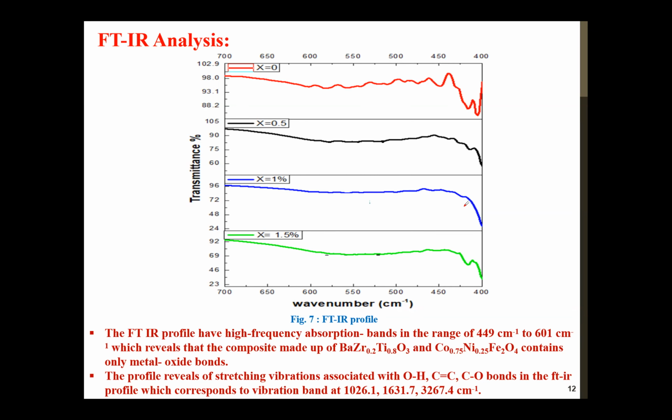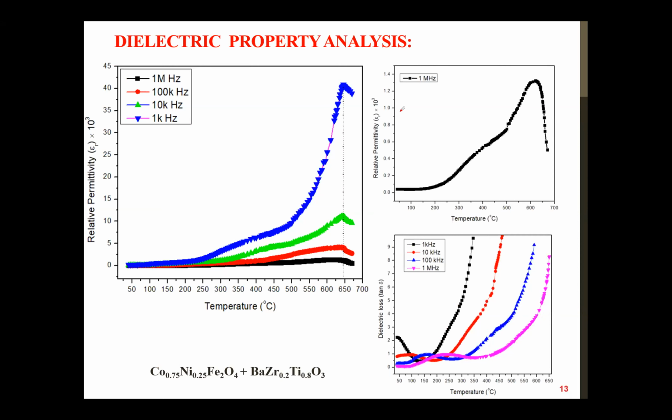The dielectric property of our material. It is observed that our material has a high dielectric constant, around 40,000, with a dielectric relaxation around 250 to 500. Dielectric relaxations are due to the thermal agitation of our dielectric dipoles, which results in the predominance of entropy, so that our dielectric constant reaches the maximum value.